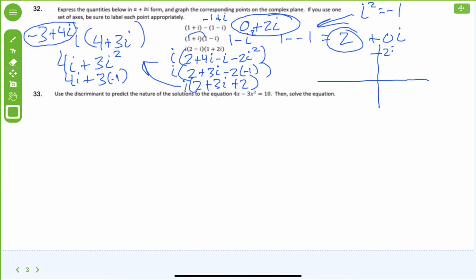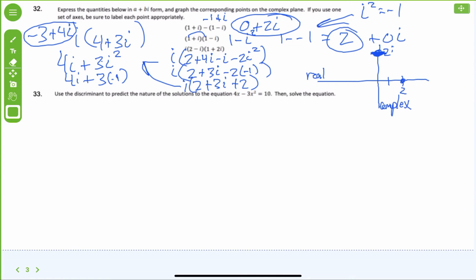Well, 2i is going to be right here. That's our 0, 2i. Remember, this is real. These are complex.